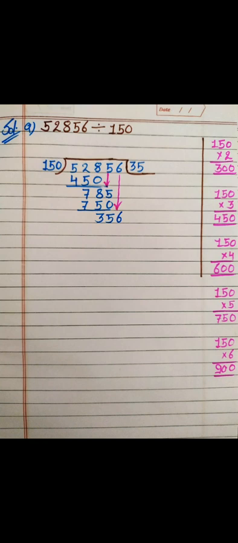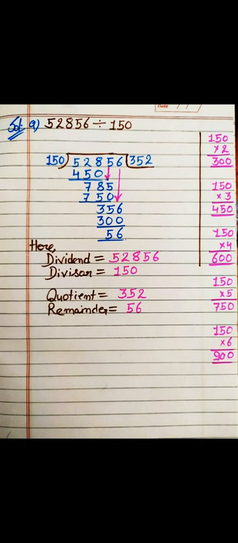Now again we divide. For this 356 we can take 150 times 2, 300, as 150 times 3, 450 is greater. After subtracting we get the remainder, 56. So here the dividend is 52,856, divisor is 150, quotient is 352, and remainder is 56.